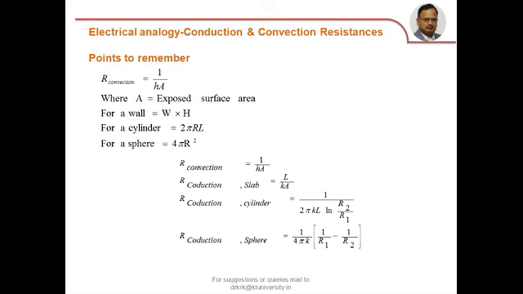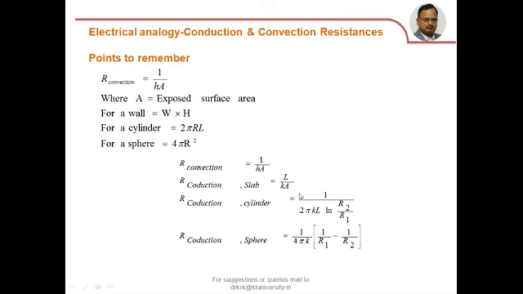I hope you understood now. Conduction resistance depends on the geometry, of course, convection also, but in case of convection resistance, you can generalize the formula saying that A is the exposed surface area.